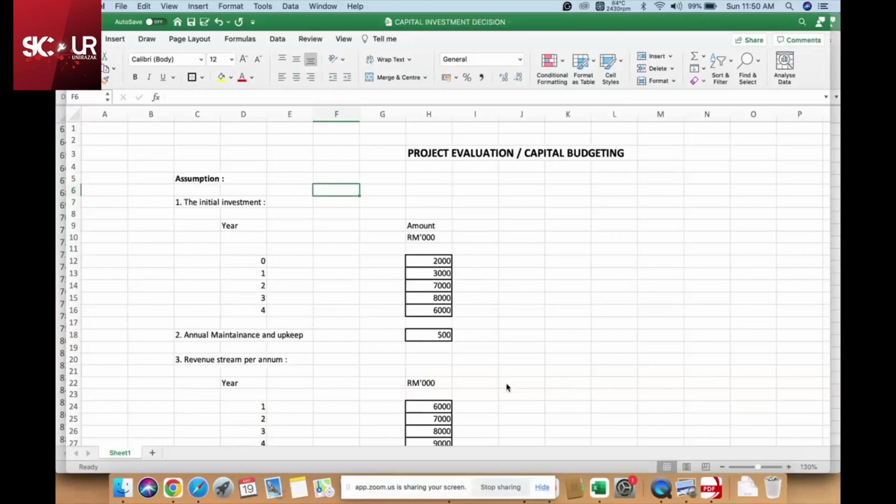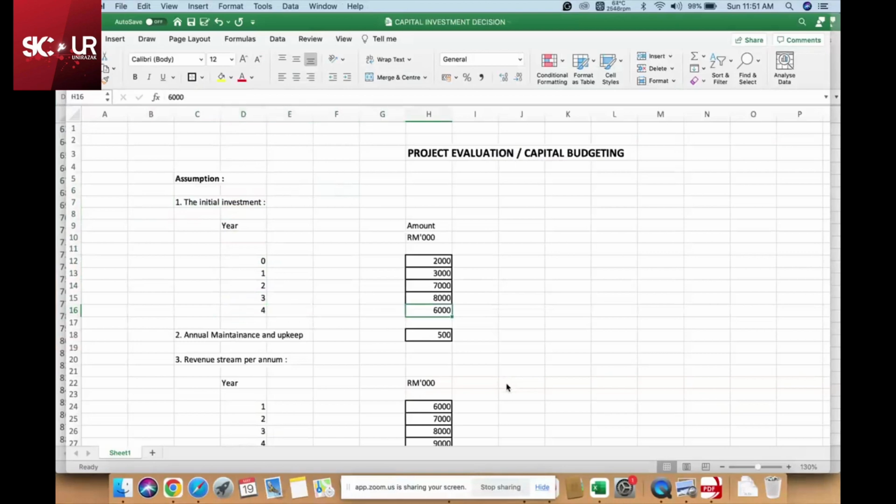I hope you can see my spreadsheet now. I have designed it in such a way that I will start with the assumptions, and the first assumption is the initial investment. We assume here that the investment will come in several years. Later on, we can change it to see if it has a different effect on the project.